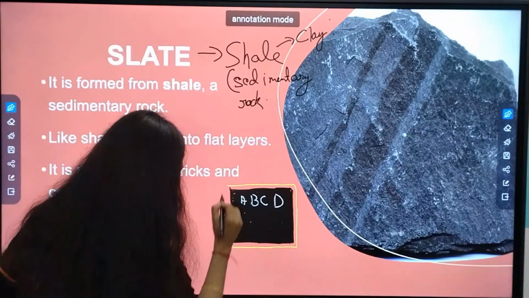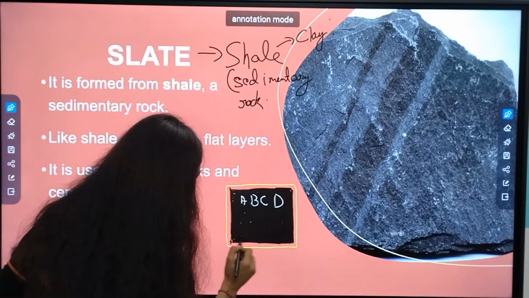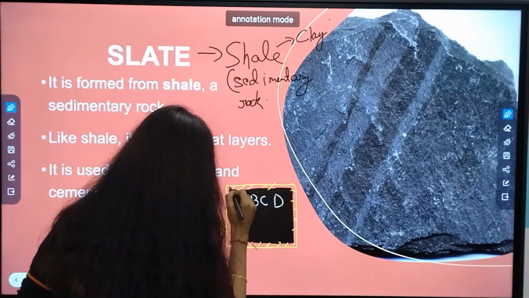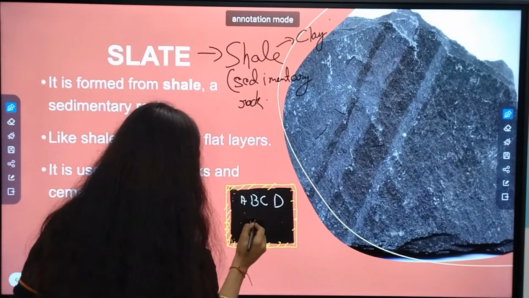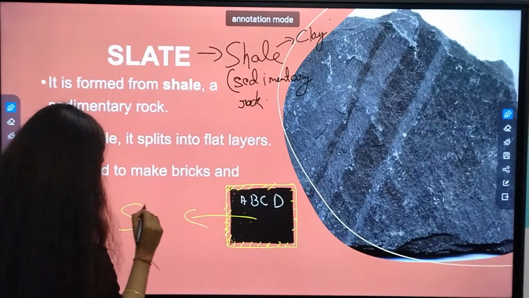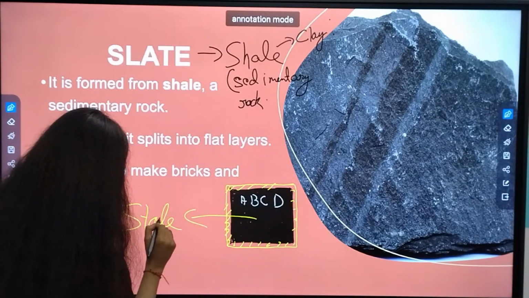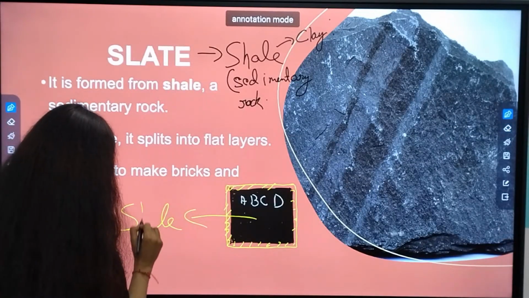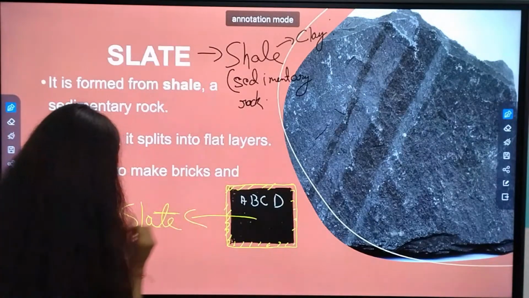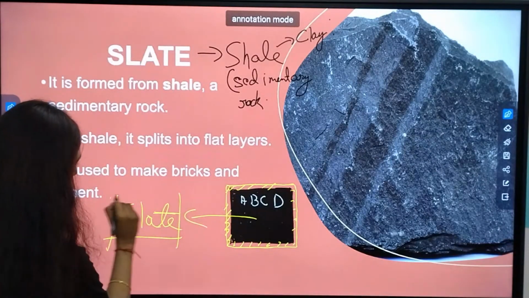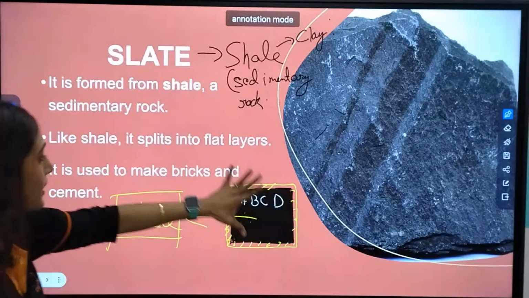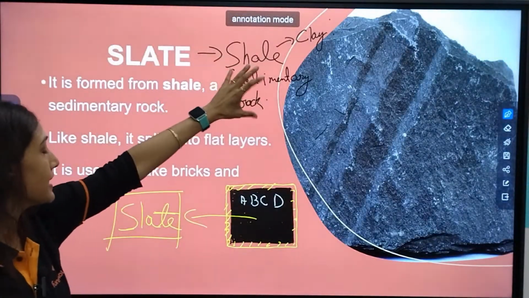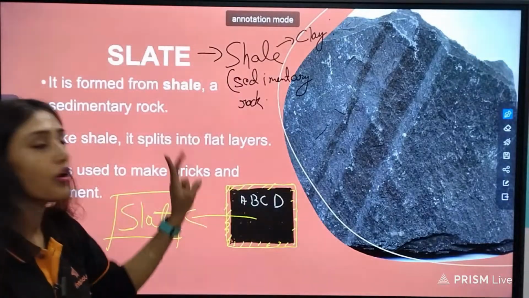Remember, in your childhood days, you used this slate. So this slate was made up of, or a metamorphic change of, shale. Okay, this is the best example of slate.